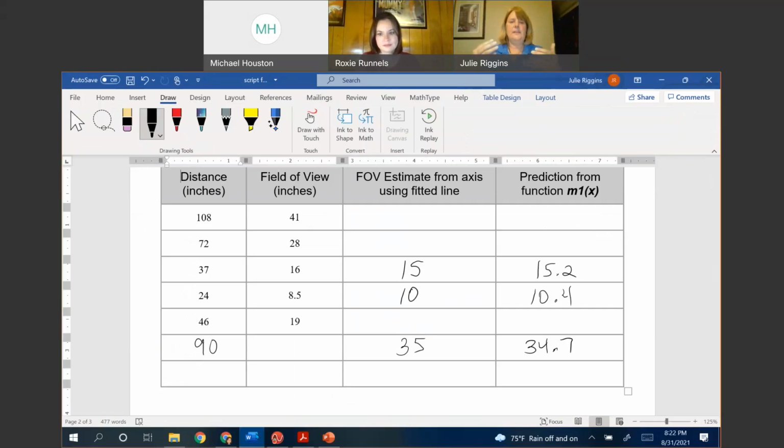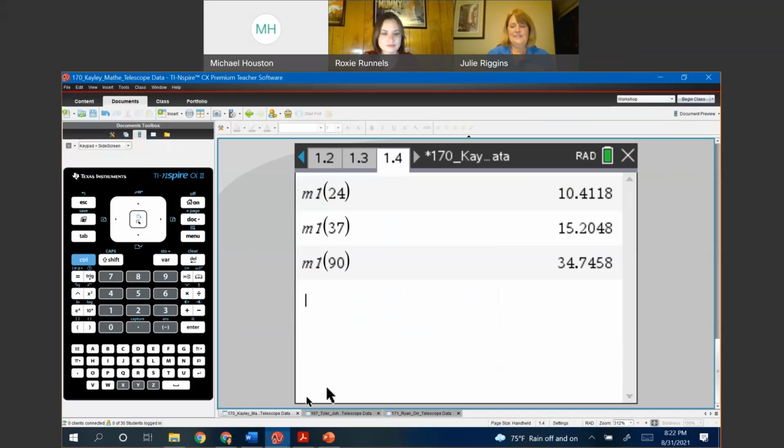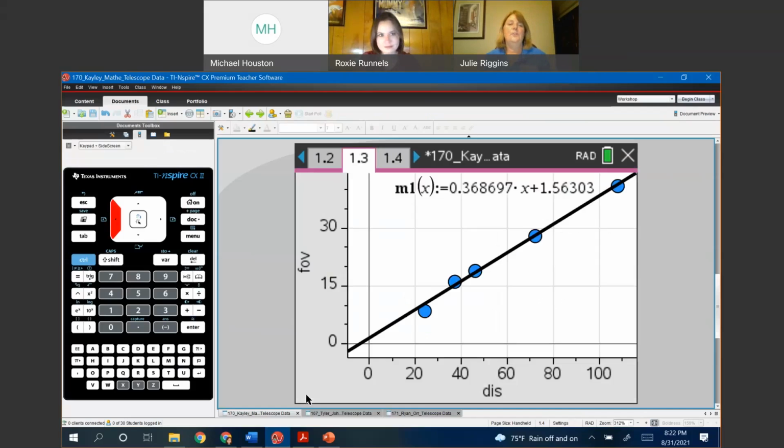We want them to see the multiple representations of this relationship and how the data and the field of view, the data and the line and the function notation all give you kind of a different view of this data or this situation.